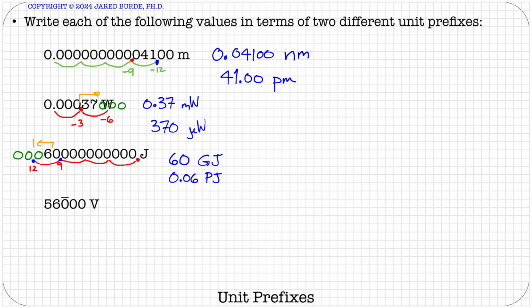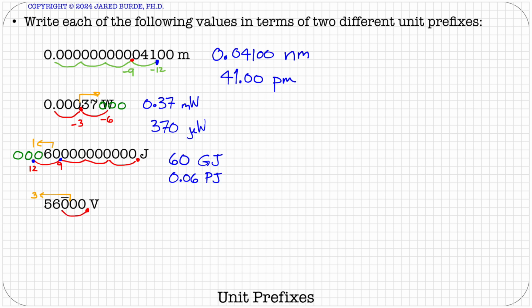Lastly, we have volts, and notice here we have the vertical bar. We mentioned that the vertical bar tells us that that is a significant figure. It's a significant 0. We measured it, and we measured to find that it was exactly 0. So that's how we can call out a value and make sure that we are claiming it as a significant digit. Again, there's an implicit decimal point here.